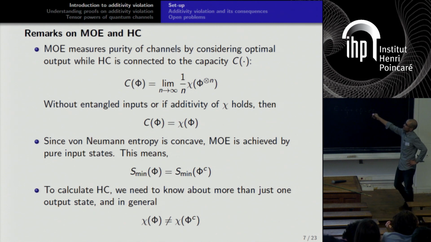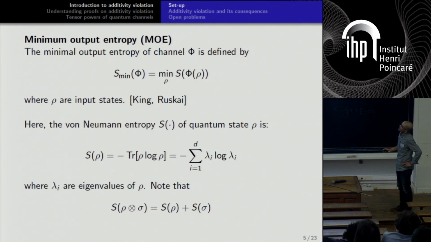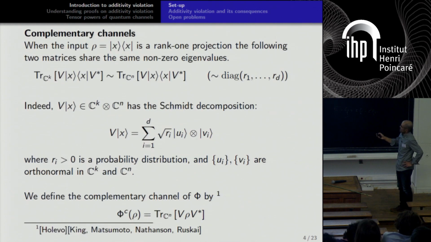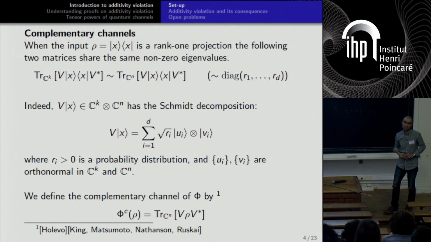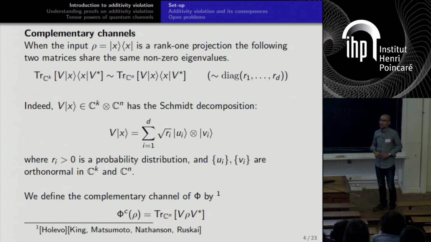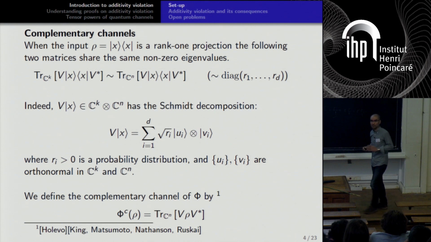The nice thing about this is, let me go back a slide a bit. Here we have a complementary channel. Suppose we have k and n here. Suppose n is much larger than k, and which space do we want to work on? Of course, we want to work on this space k, because what we are interested in are the eigenvalues of matrices. But we have two spaces, and for these two spaces we have the same non-zero eigenvalues.